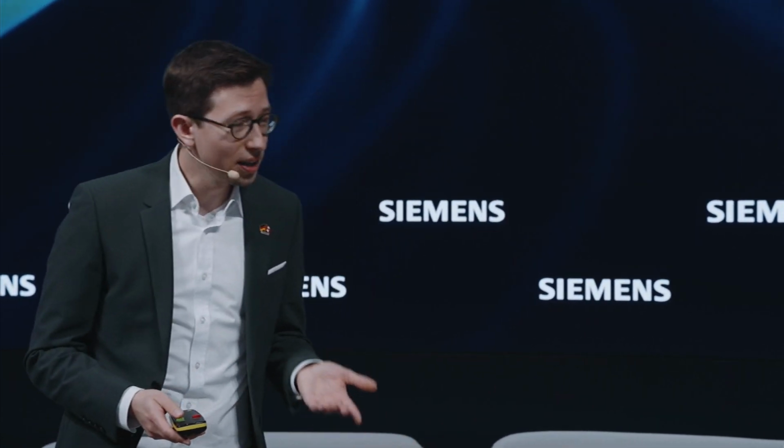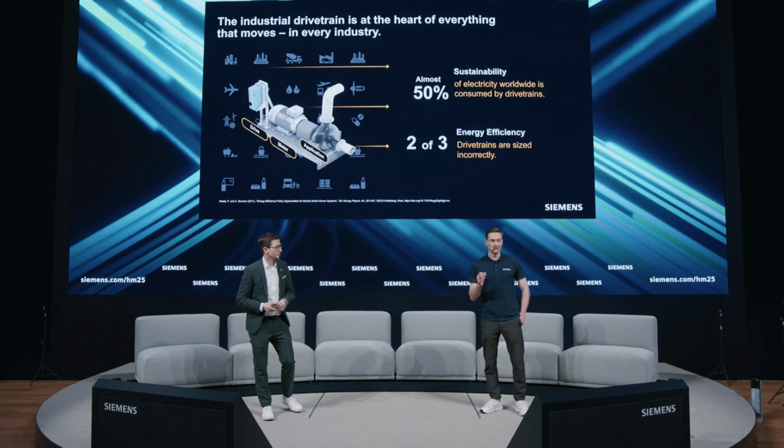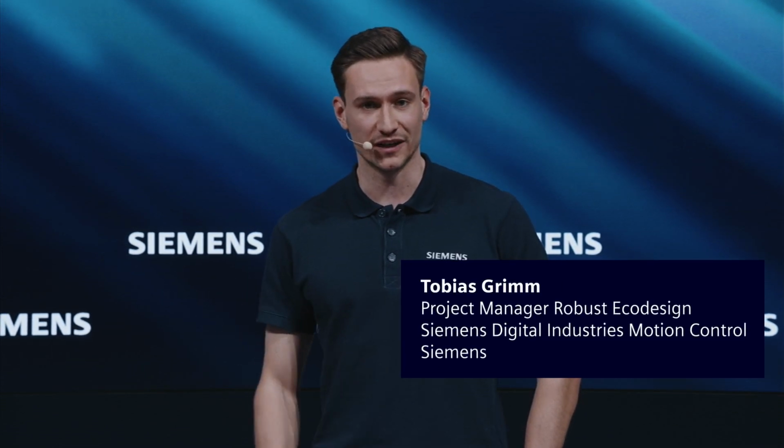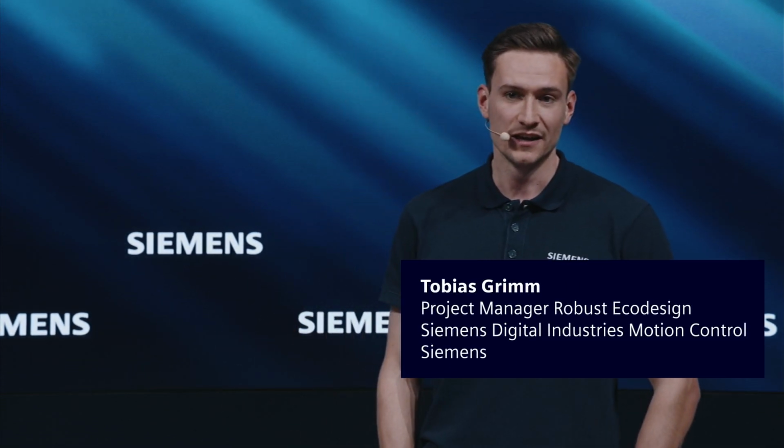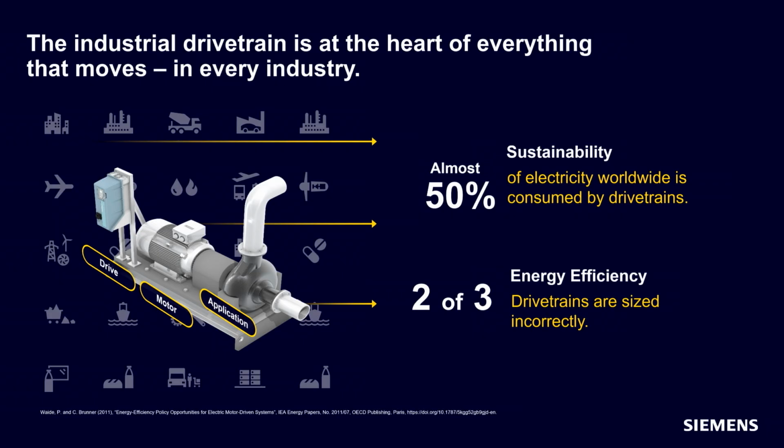But Tobias, why is the drivetrain so important when it comes to optimizing and in the end saving energy? Yeah, the interesting fact in here is that drivetrains worldwide consume almost 50% of energy consumption. So there's a huge optimization potential in here to decarbonize the whole industry. And on the other hand, it's also interesting that 2 out of 3 drivetrains are sized incorrectly at the moment.